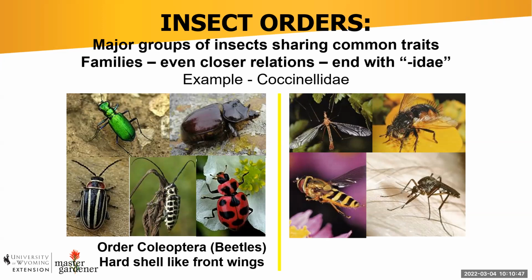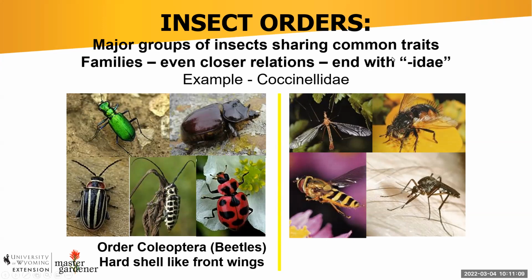Because insects are so diverse, we often lump them into families to talk about them. All insect families end in -idae, so grasshoppers are all Acrididae. A grasshopper by itself, you could say, well, that's an acridid, and that would be very accurate.